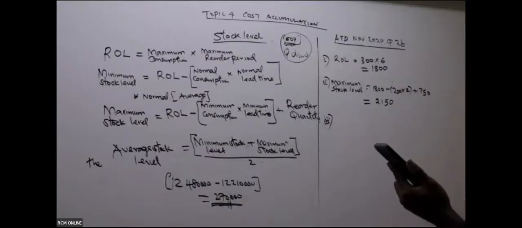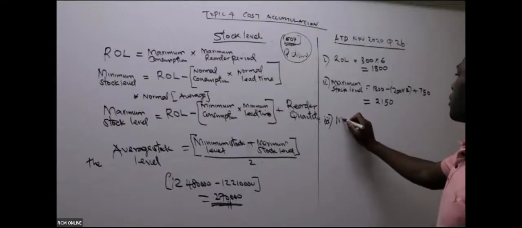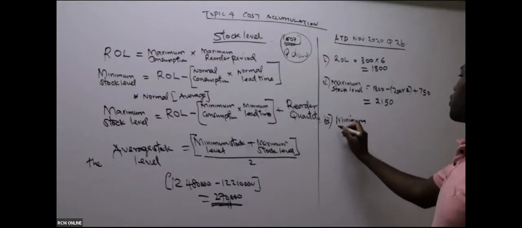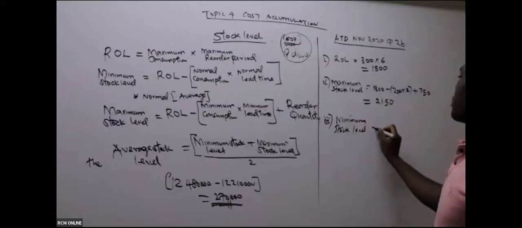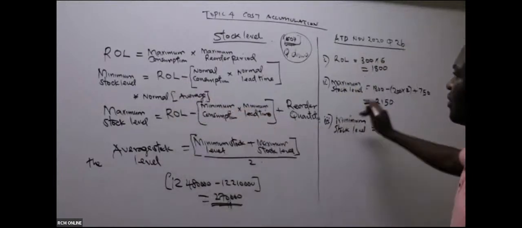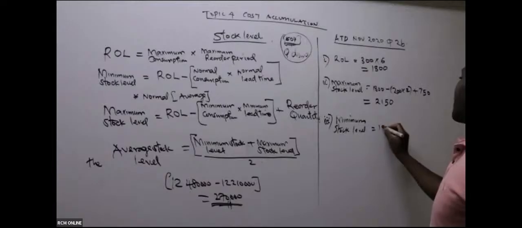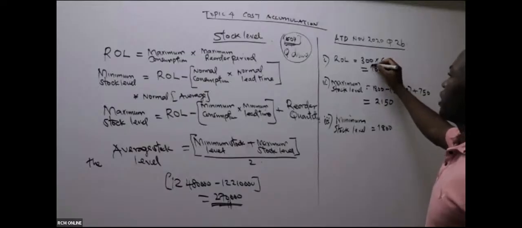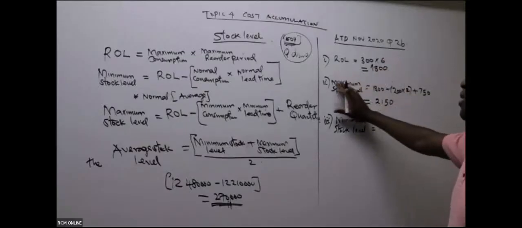Then we have Roman 3, very fast. We are talking about minimum stock level. So minimum stock level is the formula, reorder level. So you can now clearly see, if you have your own answer up here, which is not the right one, then you don't even have time to look for any other breakdown.